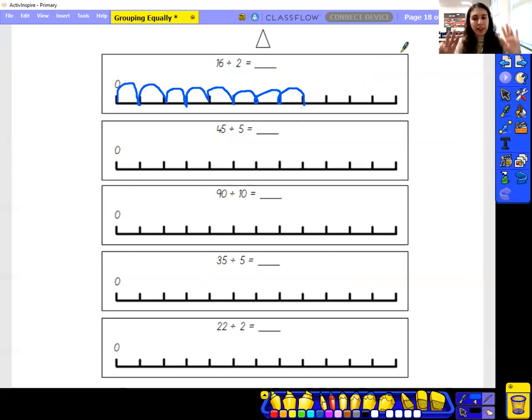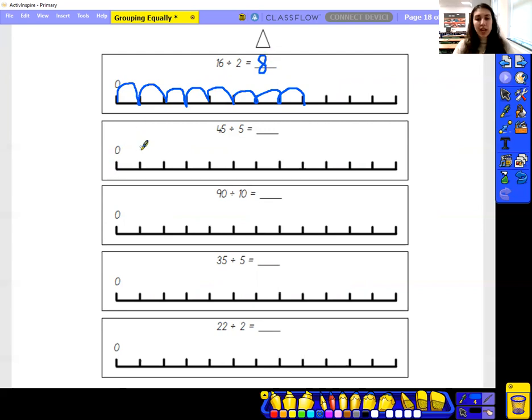I couldn't count on my other fingers because I was using the mouse, but you can either carry on that with your fingers, or you could just count 2, 4, 6, 8, 10, 12, 14, 16. That means I've got 1, 2, 3, 4, 5, 6, 7, 8 groups of 2.